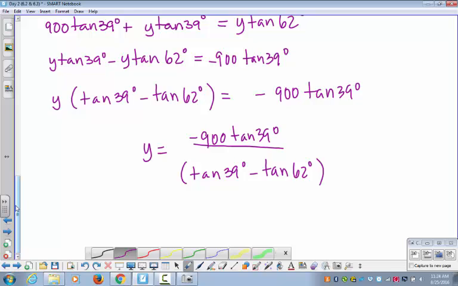So let's see if we can get the right answer. Minus 900 tan 39, close off those parentheses. Divided by, open parenthesis, tan 39, wrap the 39, minus tan 62, wrap the 62, wrap the denominator, and 681 if we round to the nearest unit.